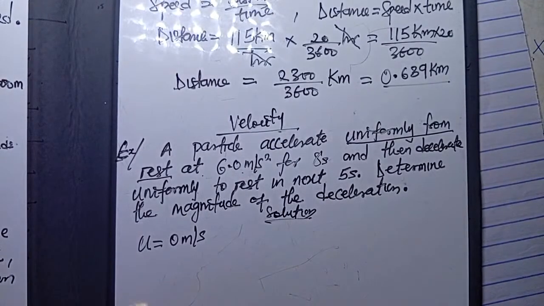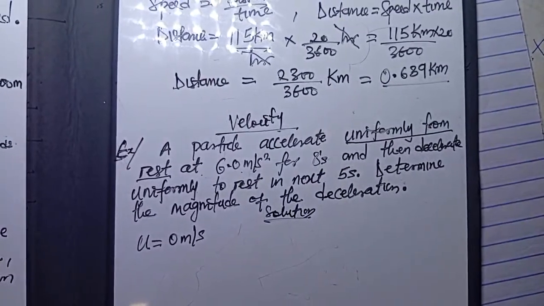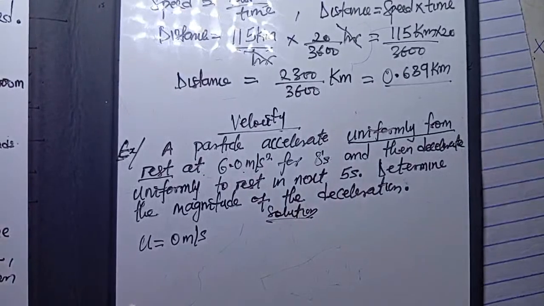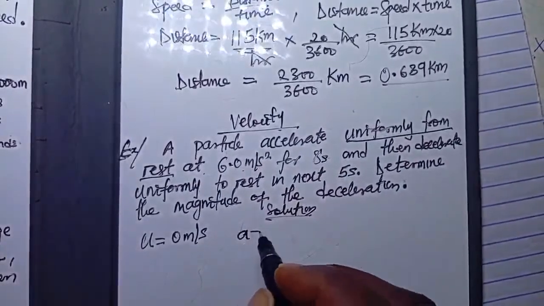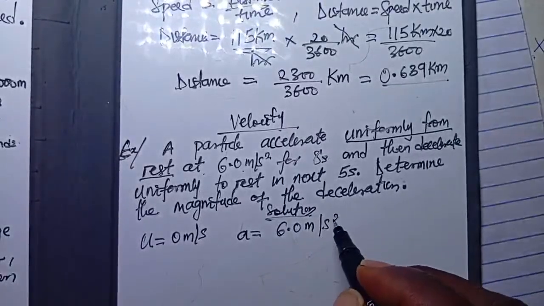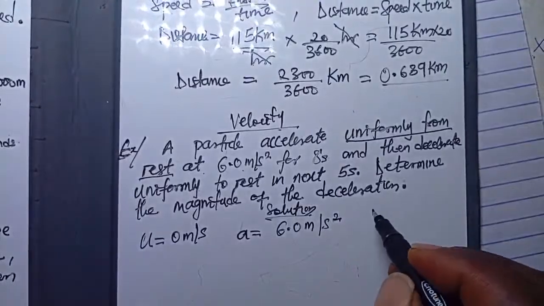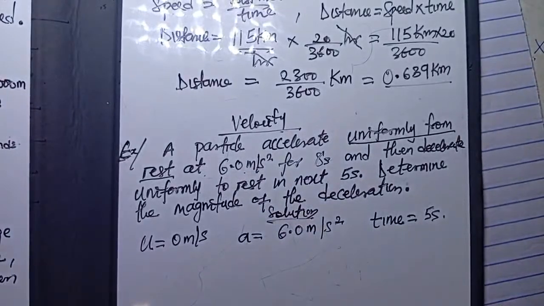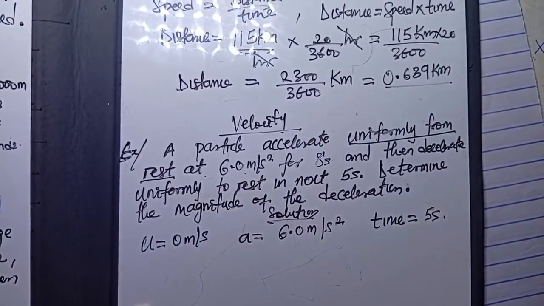Anytime you see an object moving, please write it somewhere in your jotting notes. When you say anything comes from rest, it means the initial velocity is equal to 0. And we were given the acceleration to be A is equal to 6.0 meter per second square. We are also given time to be 8 seconds.